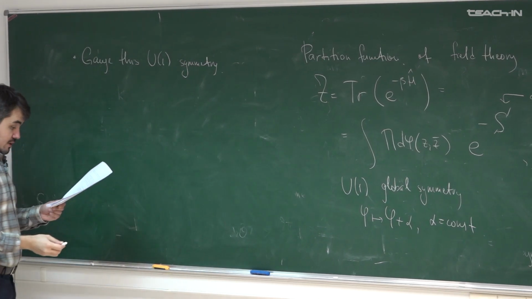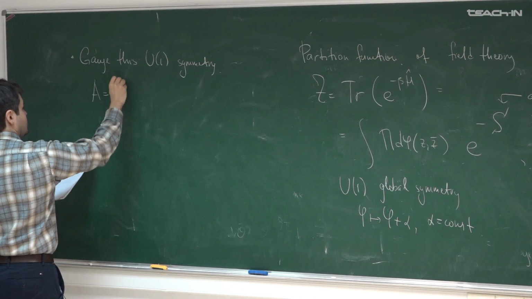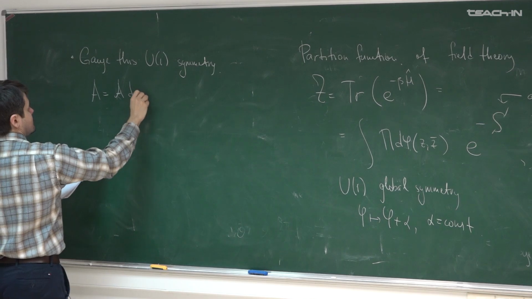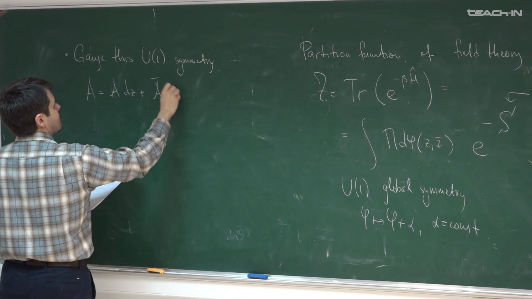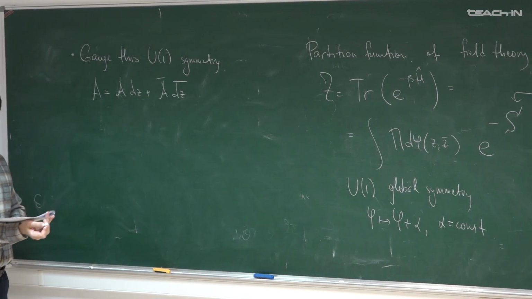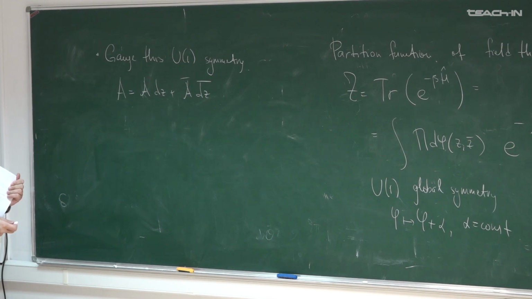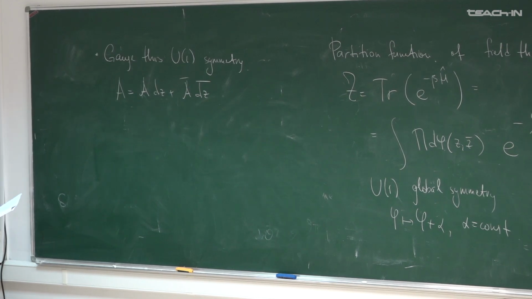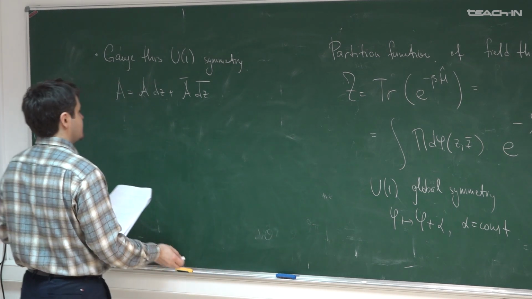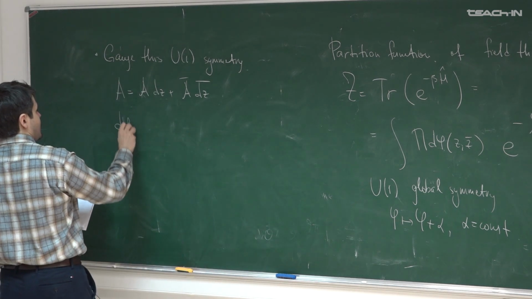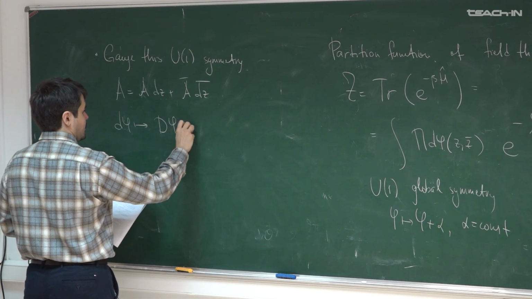That means introduce a gauge field A, which is A dz plus A bar dz bar, a worldsheet gauge field. It will be clear later why we want to do that. So that means that we replace d phi with the covariant derivative. So d phi becomes d phi minus A.